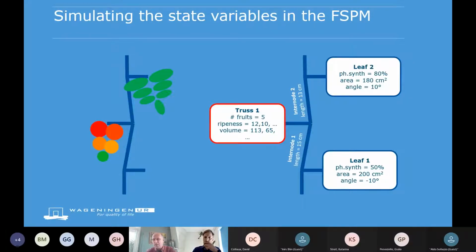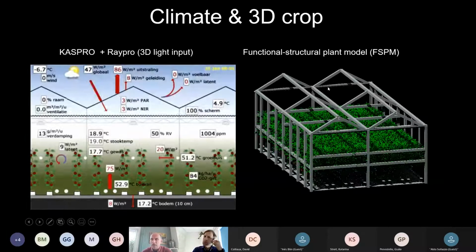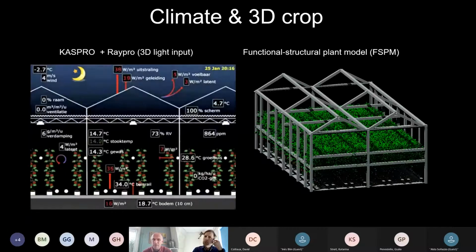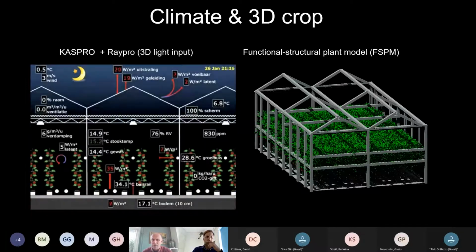Okay, in the next slide, you will see that in the end, we have a greenhouse climate model to the left, where you see, for 2 days of animation, the temperatures inside the greenhouse, CO2, the air exchange in the roof, things like that. They are all based on a real biophysical model.